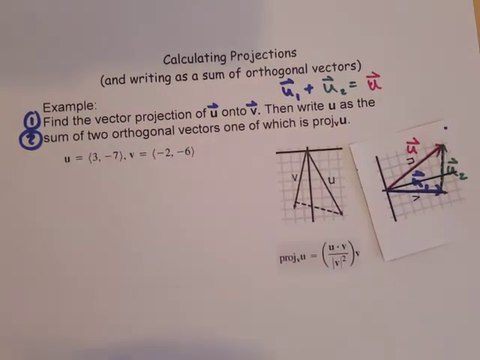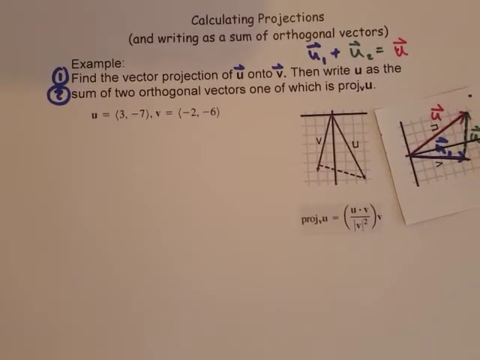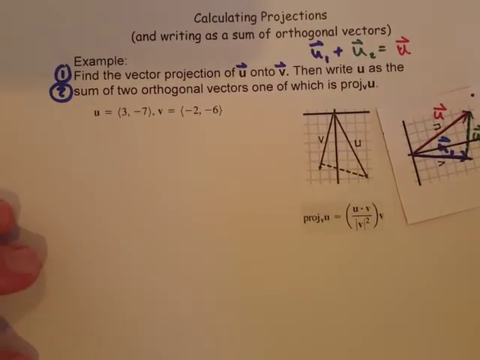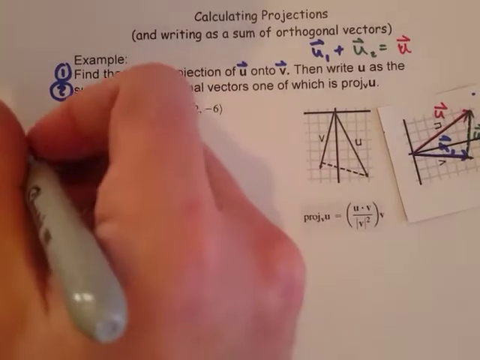That's going to be our goal in the second part of using this equation. So we'll start off with the basics first. We're going to just find out what is this blue vector, find the projection of u onto v, and we're going to use the formula for that.